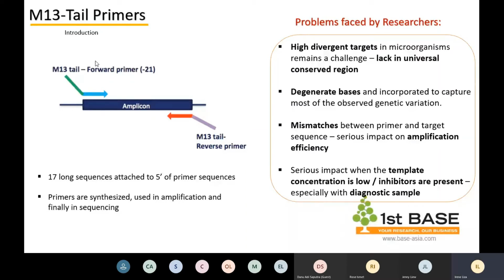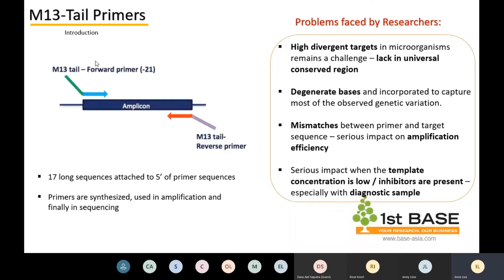Now, what are the common problems faced by researchers? Usually researchers will come across highly divergent targets in microorganisms that tend to lack a universal conserved region. Because of that, they have to use degenerate bases so that they can capture most observed genetic variation.